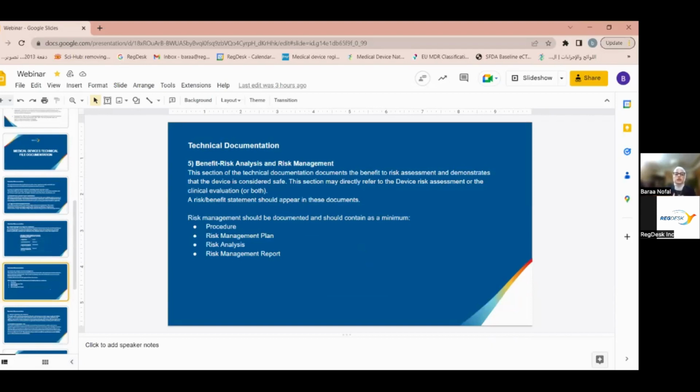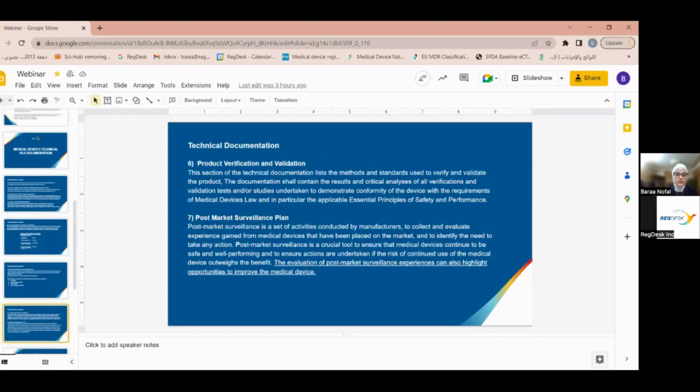For the risk management, it should be documented, and at minimum should contain four points: the procedure of the risk management you are doing, your risk management plan, because the authority needs to understand the risk management plan, not just receive the reports. They will not accept receiving the risk analysis or the risk report only. They need to read your procedure, your risk management plan, and the risk analysis and risk management report for sure. After that, product verification and validation.